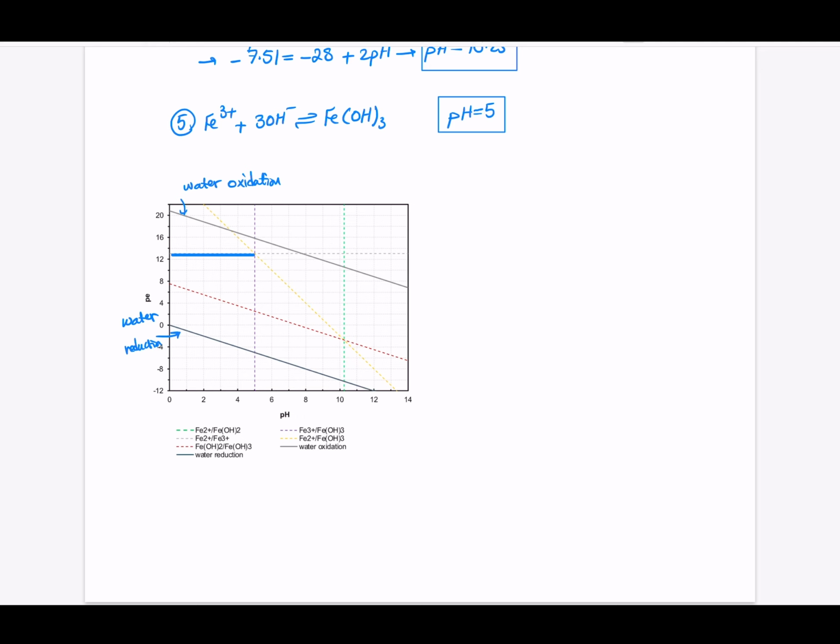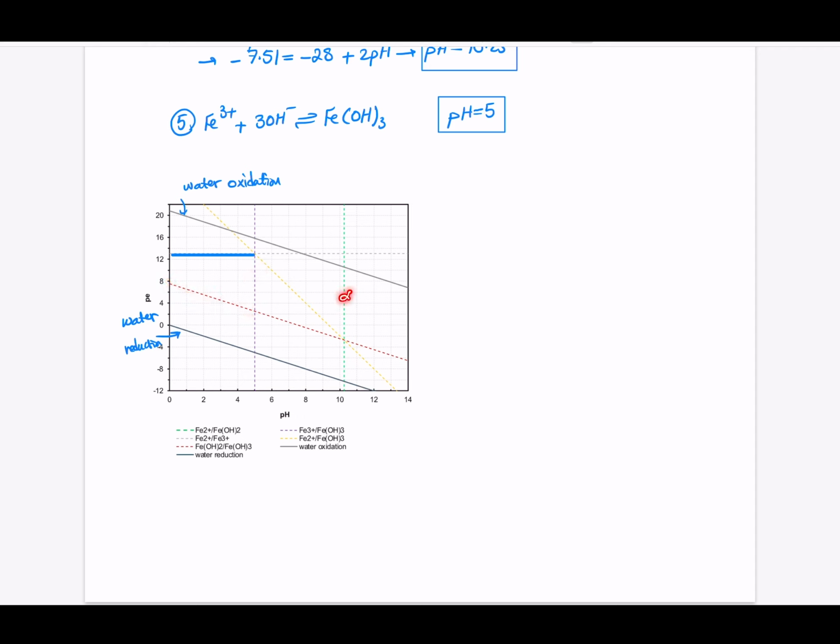Now let's take care of, for example, the red line. The red line represents FeOH2 and FeOH3. As I mentioned, this region is for FeOH3. So this part of the line would go away. That part of the line is not acceptable based on this criteria.